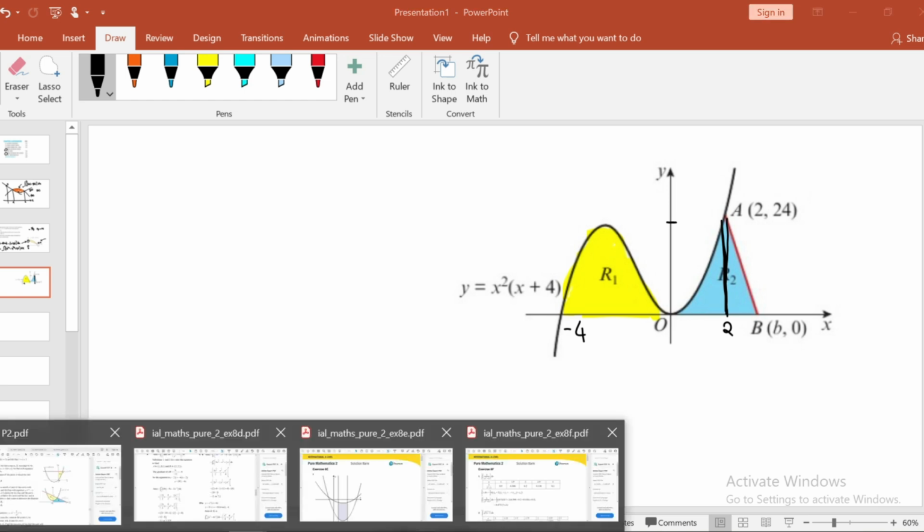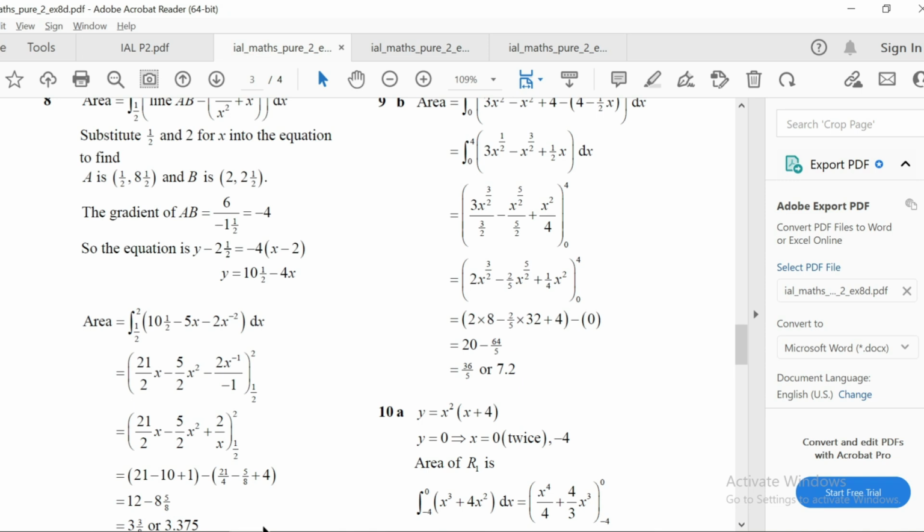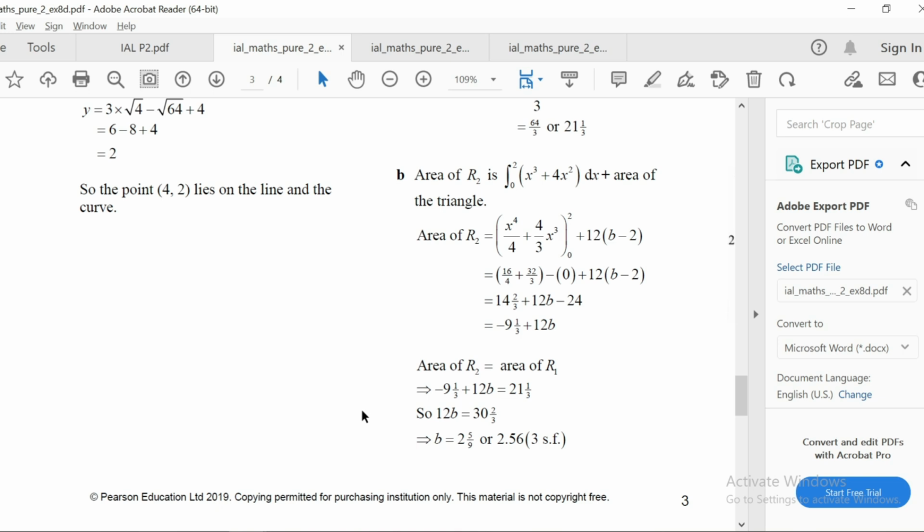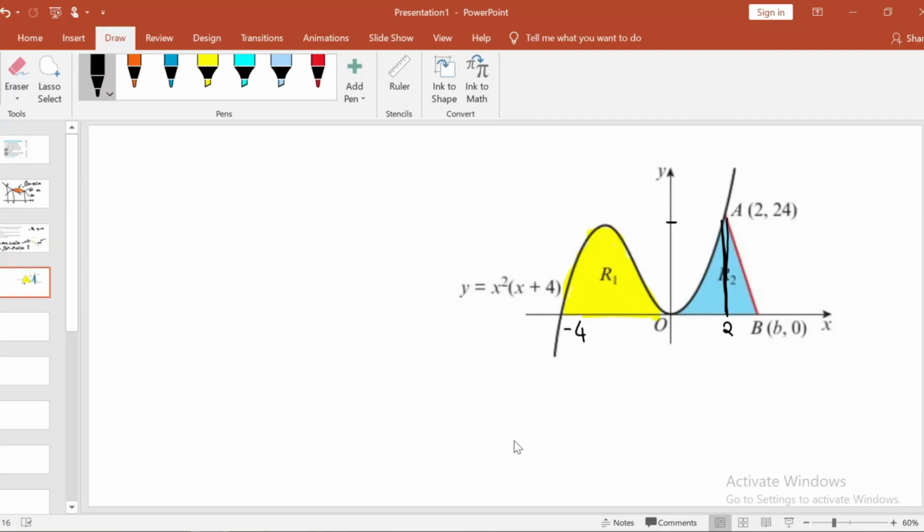Let's say the value of b is given already. The value of b is 23 over 9.